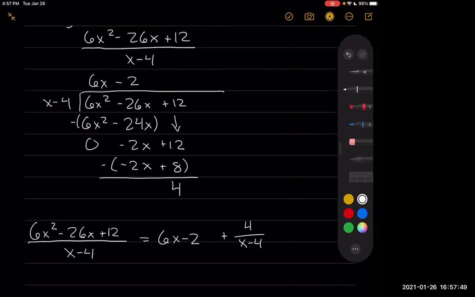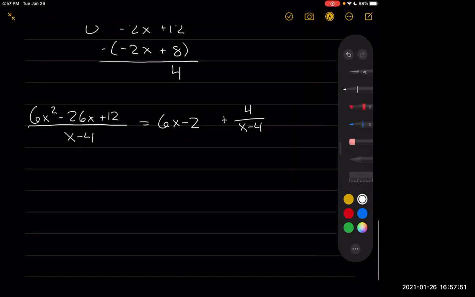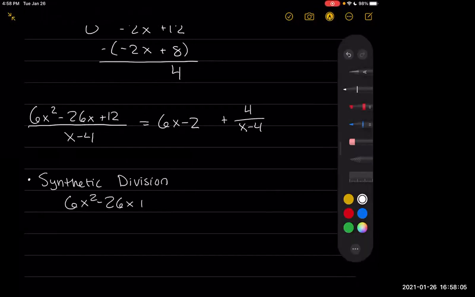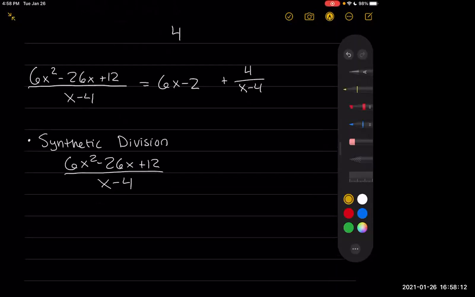All right, and we also learned synthetic division. And so here we're going to take the same function. So now when we do synthetic division, we have this x minus some c function, or some c number.